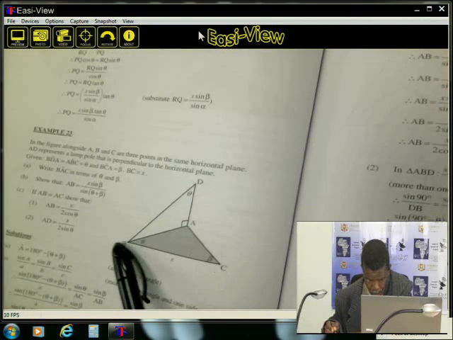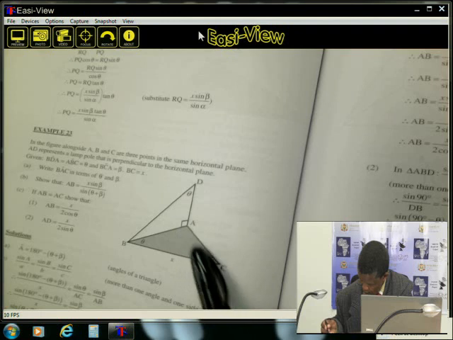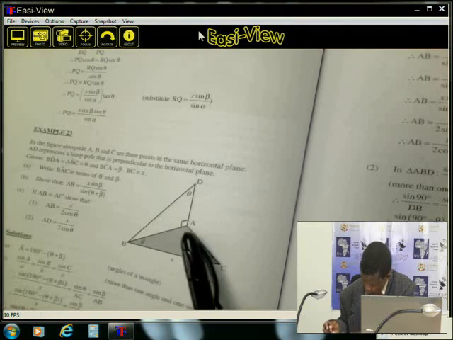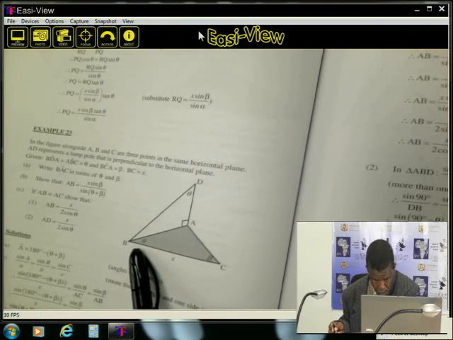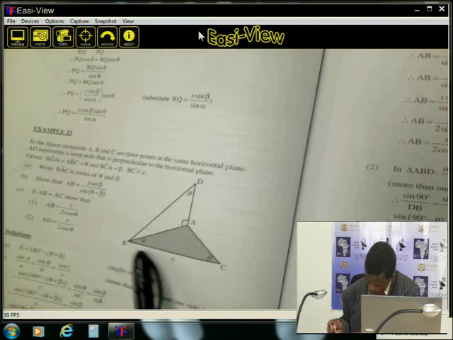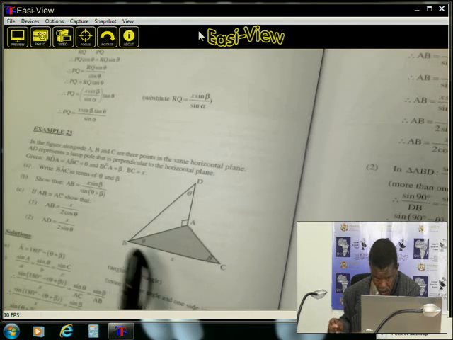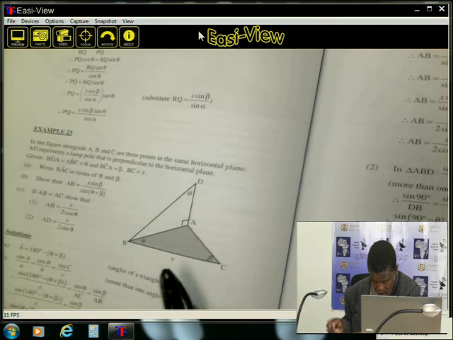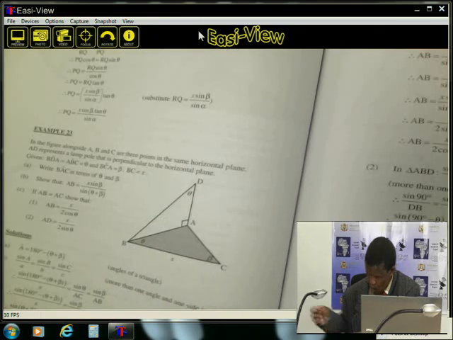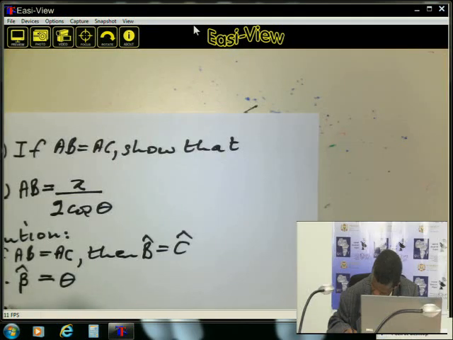If AB is equal to AC, AC is opposite B, which is theta, and AB is opposite C, then it means that B must be equal to C.